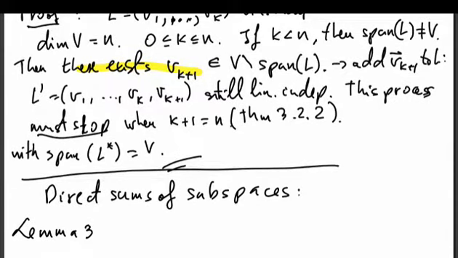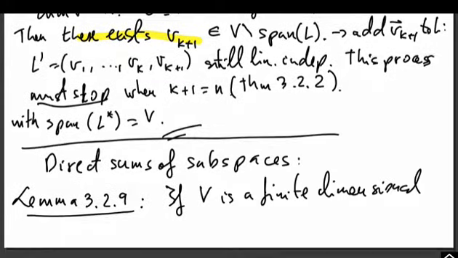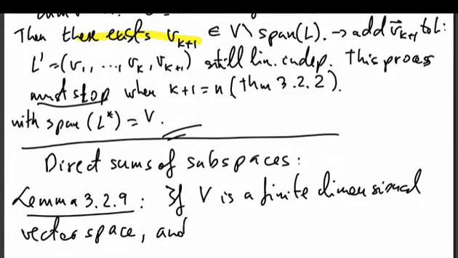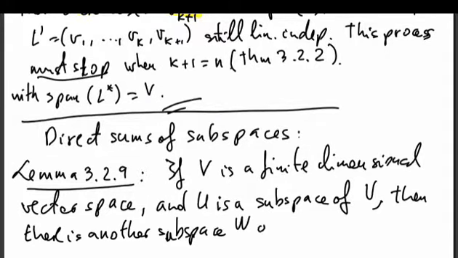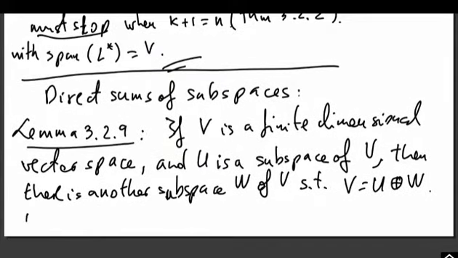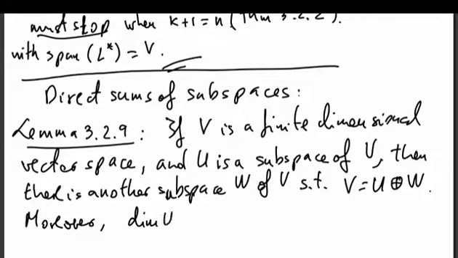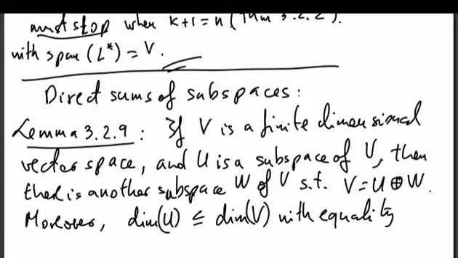First of all, lemma 3.2.9 says that if V is a finite dimensional vector space, and U is a subspace of V, then there is another subspace W of V such that V equals the direct sum of U and W. Moreover, we also know that the dimension of U is less than or equal to the dimension of V, with equality if and only if U actually equals V.